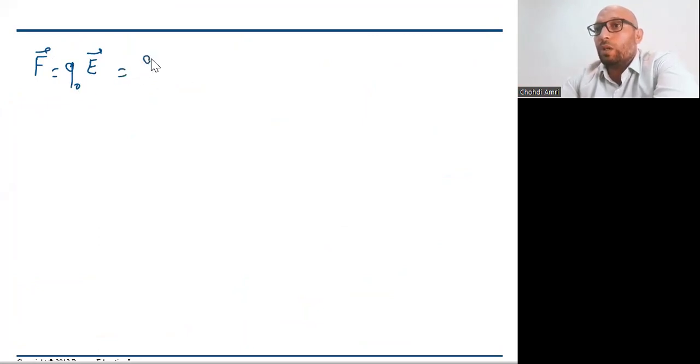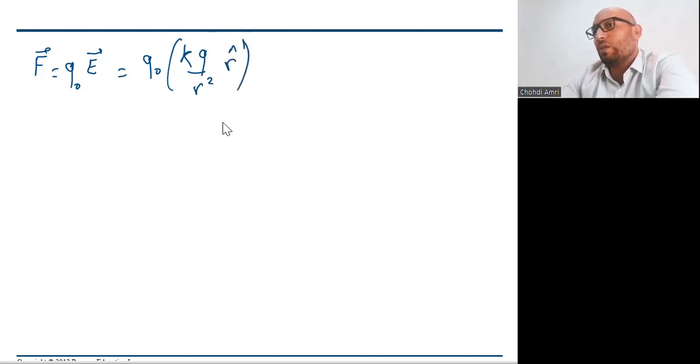So it will be Q naught multiplied by the electric field using Gauss's law, KQ over r squared. If we take it as a vectorial relationship, we write a unit vector r.